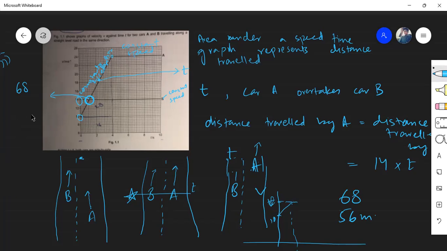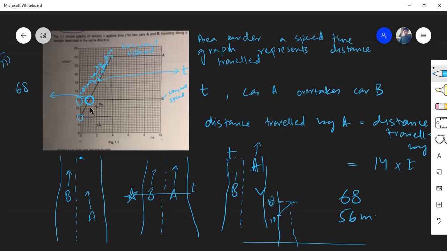Okay, so we have to find the time t where the distance traveled by A is equal to the distance traveled by B. So we cannot actually use this graph to find the distance traveled by A. We have to use a formula to find the distance that the car travels.